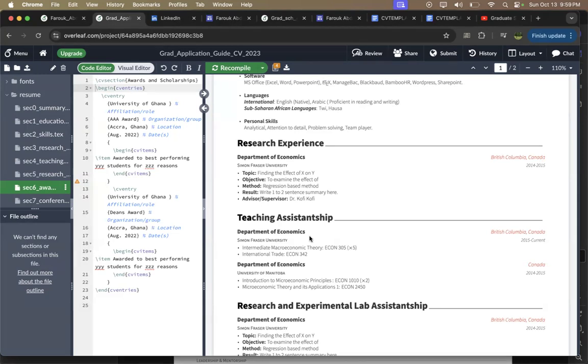But if you happen to do your national service outside campus, maybe in a research firm or something, you should be able to put that there and talk about what you are doing in that particular research firm, whether you are doing data analysis, presentation or report writing and all that. It doesn't hurt to put it there.